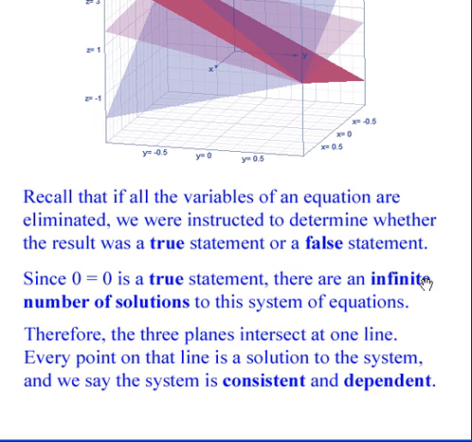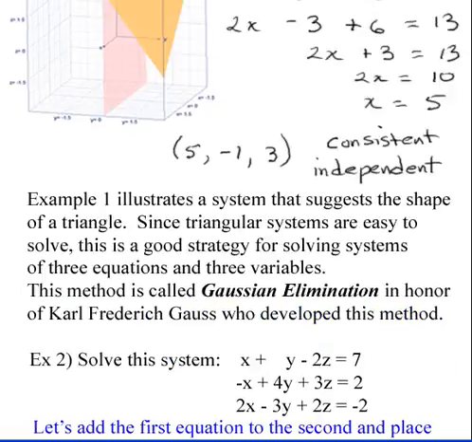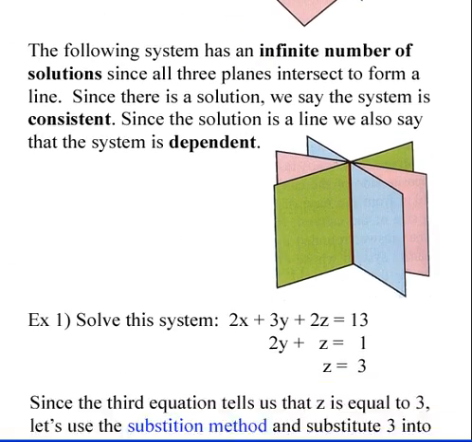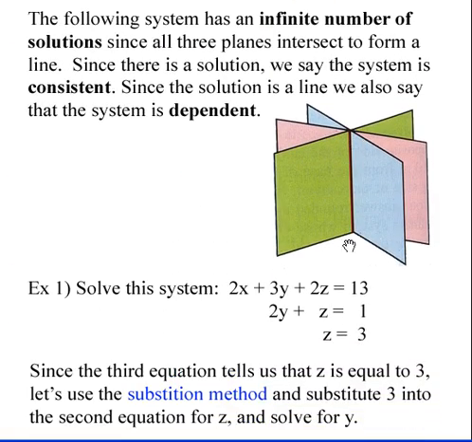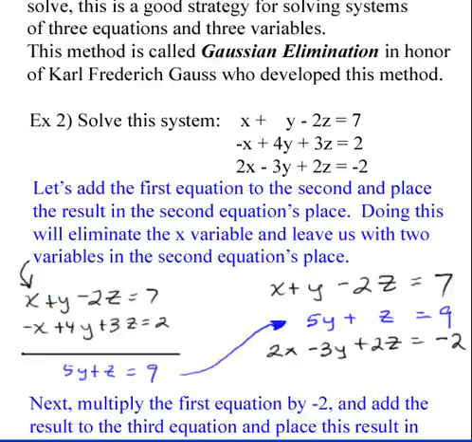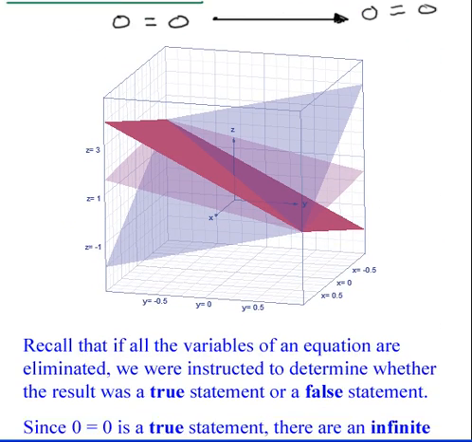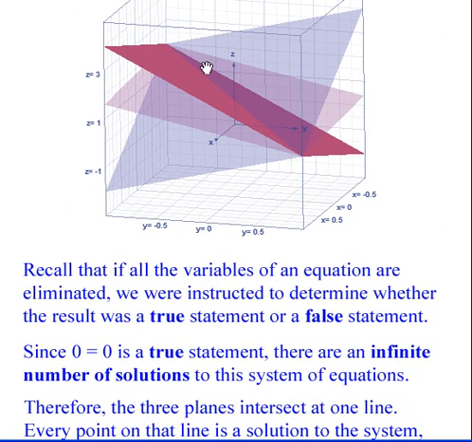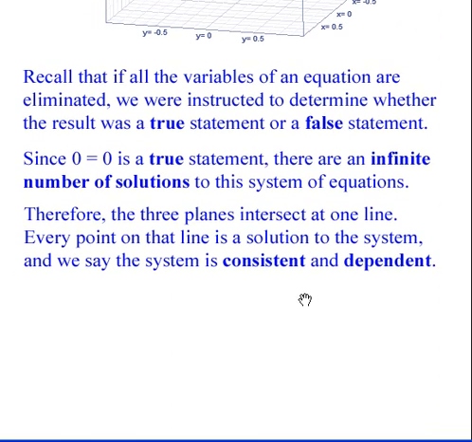So what that means is that all three planes intersect at one line, and that every point on that line is a solution, and so we can say it's consistent dependent. So if I take a look back at our early examples, it's one of these scenarios where all three planes intersect at one line, when we got 0 equals 0 as the result of our last equation. Okay, and as you can see in this graph, all three of these planes are intersecting at this one line. So it is consistent dependent.